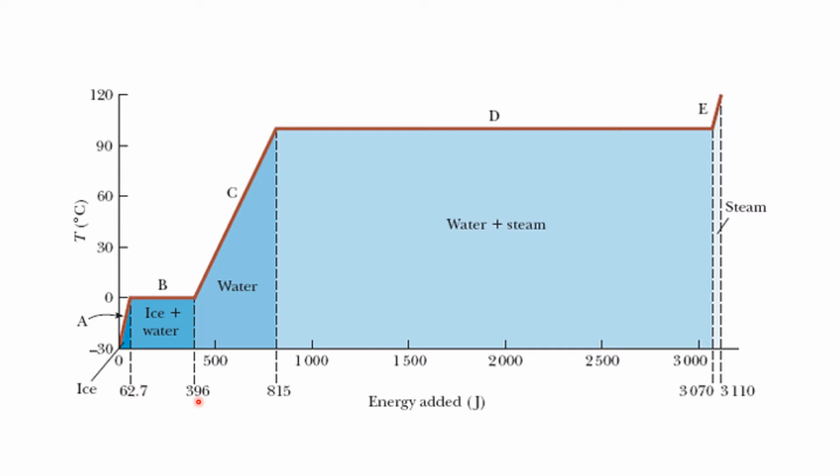Then once it is water, I could increase the temperature steadily up through here. But then once I'm at 100 degrees Celsius, all of the water is bubbling, but it won't completely turn into steam until I add an incredible amount more energy, way, way over there.